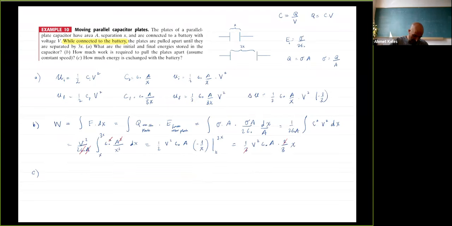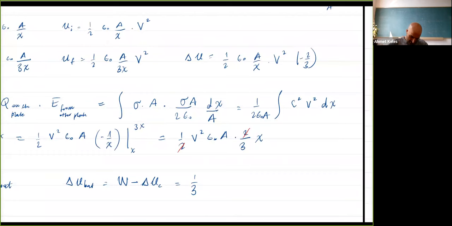So the work I have done should be equal to the change in energy of the capacitor plus the energy exchanged with the battery. So energy exchange with the battery should be equal to W minus delta U of the capacitor, which is equal to, okay, I have 1/3. This is 1 over x. This one is 1 over x.